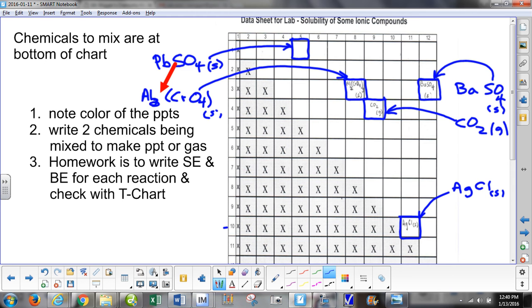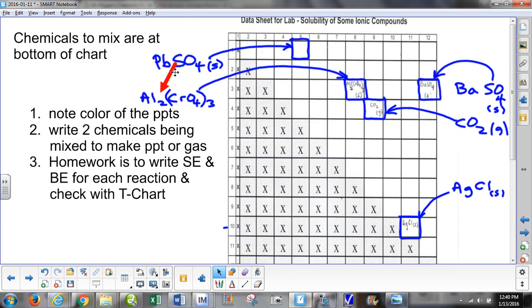Two aluminums and 3. Well, let's just start over. Al2(CrO4)3, because aluminum is a 3 plus and chromate is a 2 minus. Okay, so finally got that right.